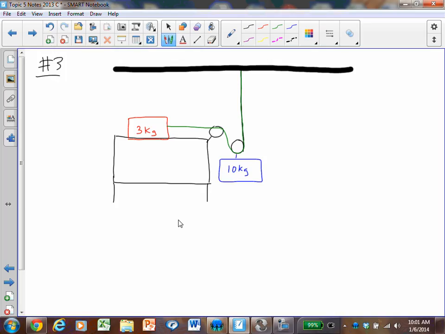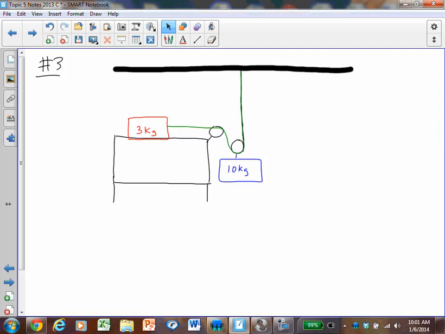This, it will just pull down. This 3 kilogram block is going to move this way, and this is going to move down. It rolls. This rolls.